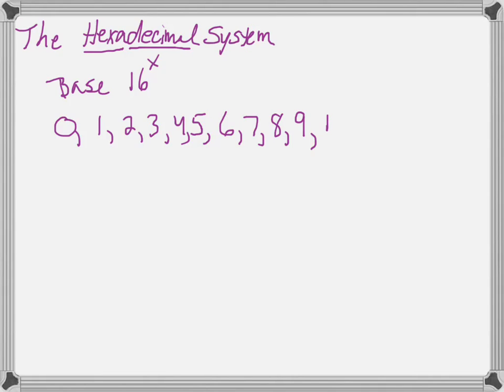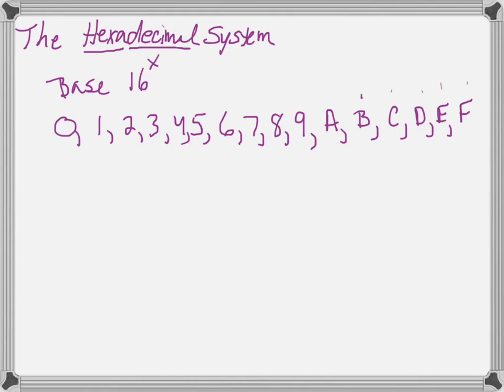A 10 is actually an A, B, C, D, E, F. What is an F? So 10, 11, 12, 13, 14, 15. But that's 16 digits, right? So we have 0 through F, which is 16 characters, 16 digits: 0, 1, 2, 3, 4, 5, 6, 7, 8, 9, A, B, C, D, E, and F.